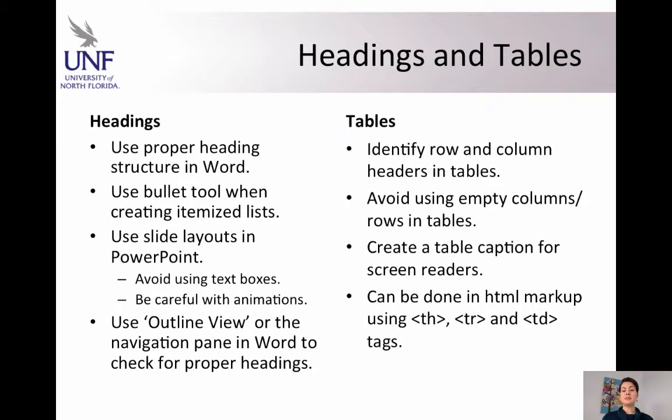If you have documents with tables, it's important to identify row and column headers in the tables. This is how the screen reader, again, will interact with your table and be able to figure out the best order in which the information in those tables should be read for students using screen readers. Another best practice would be to avoid using empty columns or rows in your tables.